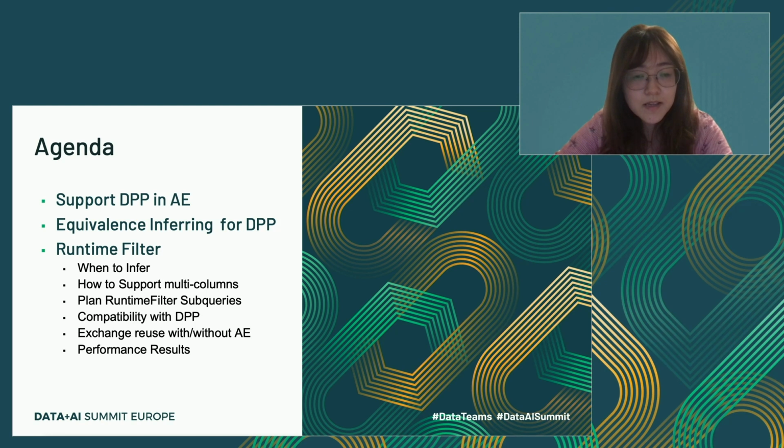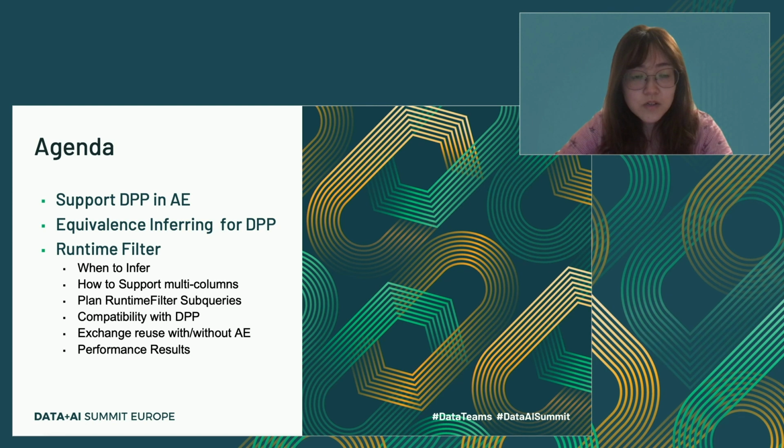And secondly, I'm going to introduce the equivalence inferring that we optimized for DPP. And the third part is runtime filter, whose semantic is a little bit similar to DPP.